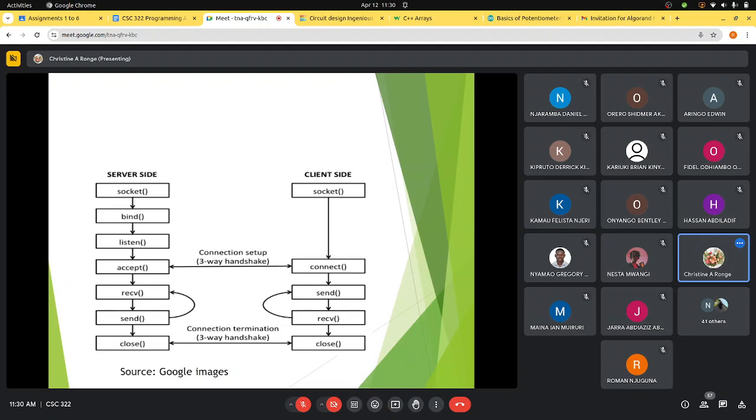Suppose the obsolete segment had the wrong sequence number. Give me an example. Like it had 201, and then it says it was expecting, and its own sequence number is 401.